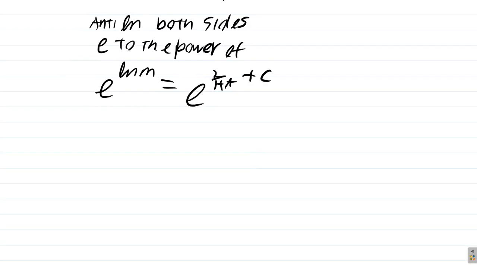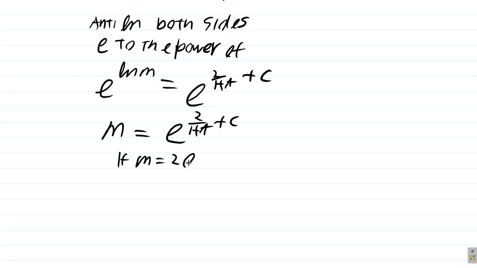You see this part? e to the ln m means m equals e to the 2 over 1 plus t plus c. So if m equals 20 grams when t equals 0, what happens? In this case, we can use it to find c.